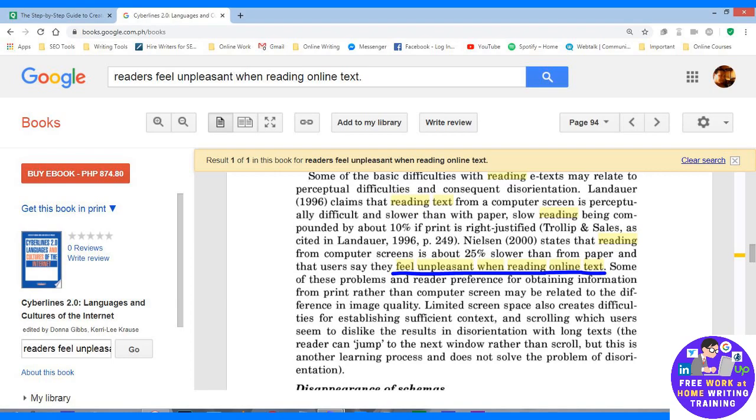Scannability in your articles. Why is it important? You see, not all internet users will want to read your entire article or post. Some of them will only scan for important information. Many people will only scan your post whether they are in a hurry or they don't like reading long posts at all.